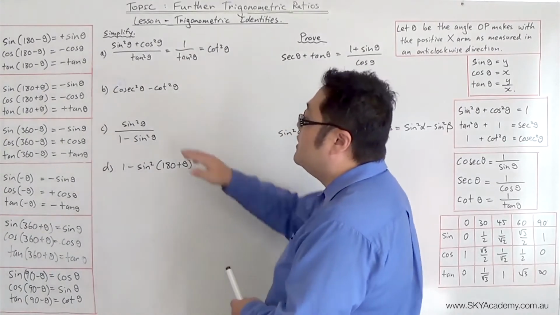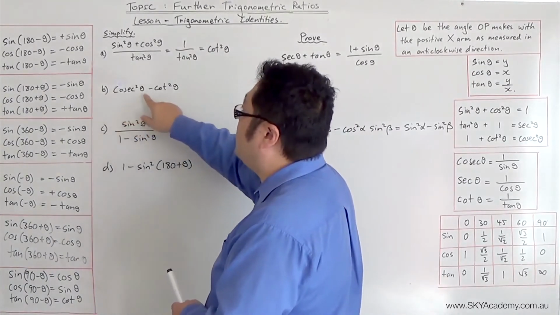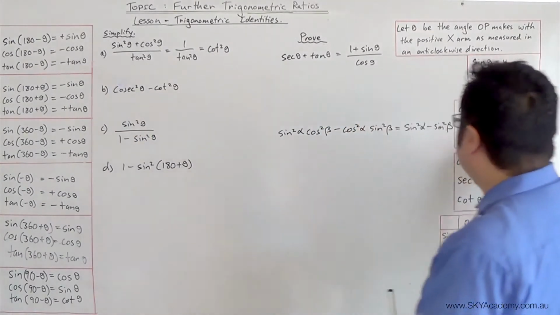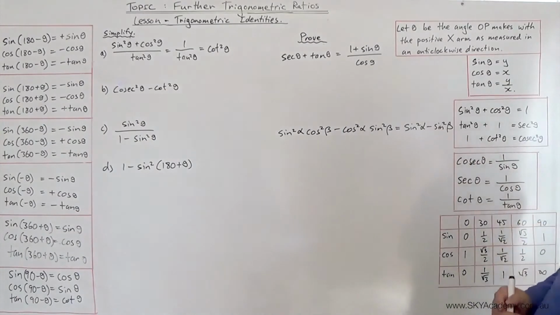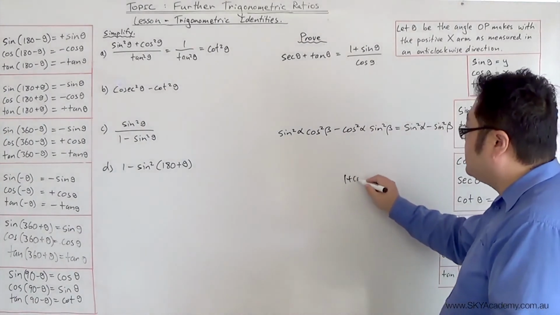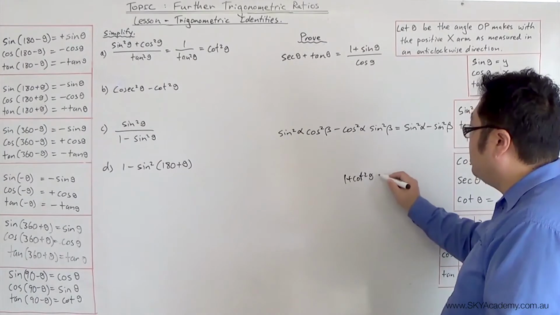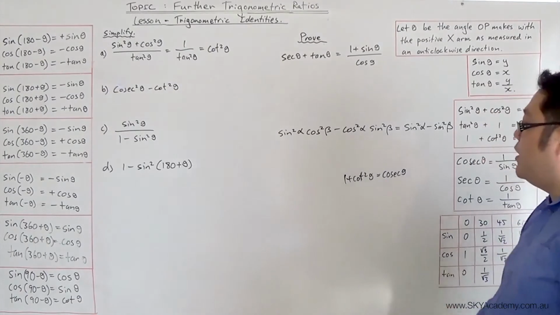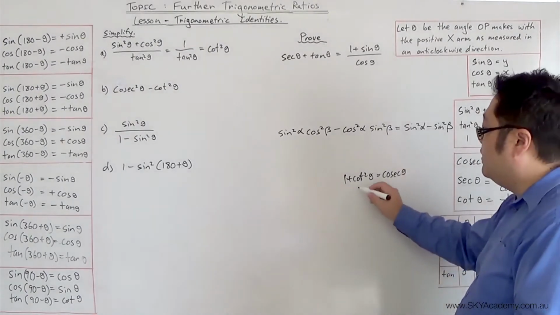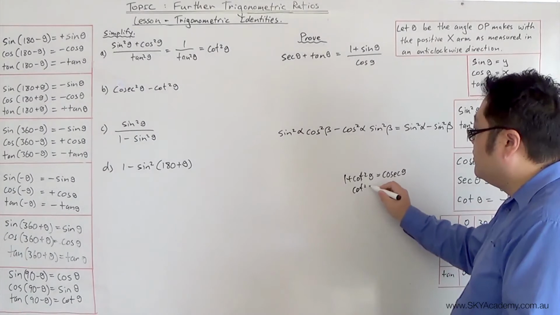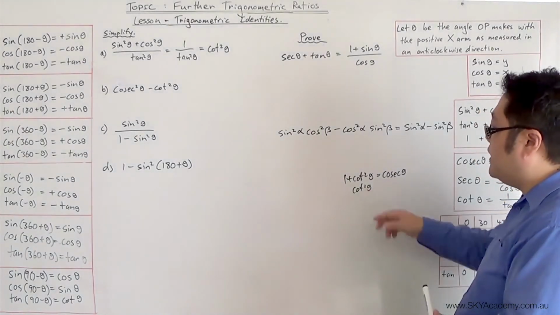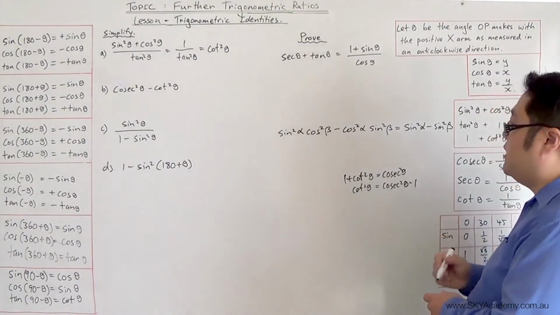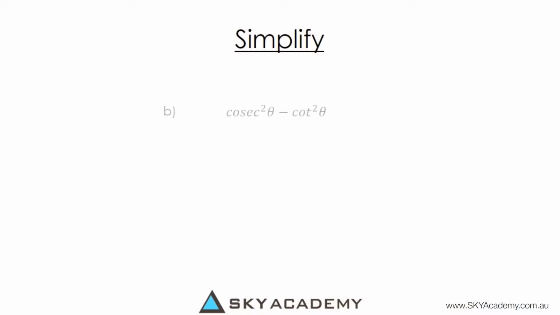Okay. So now the next one is cosec squared theta minus cotangent squared theta. Now, if we look at this particular identity, which is 1 plus cotangent squared theta equals cosec squared theta, you will notice that cotangent squared theta can be expressed as cosec squared theta minus 1, which is what we're going to substitute in here.